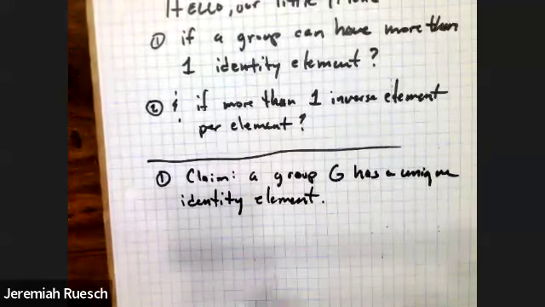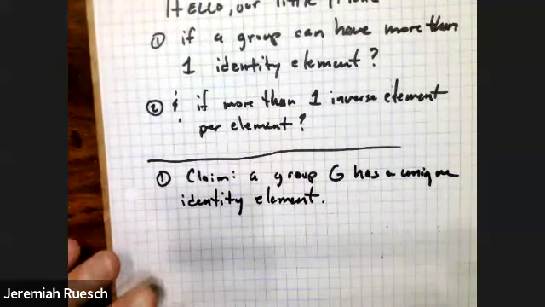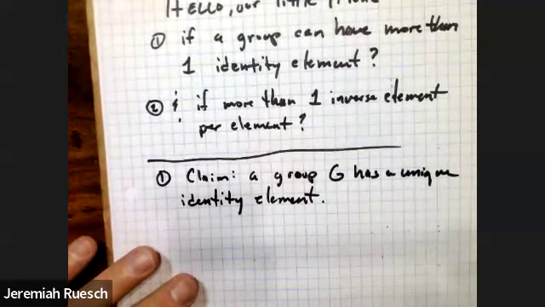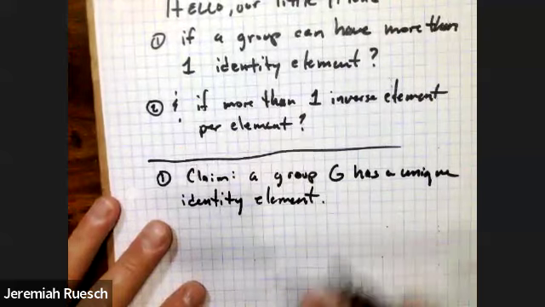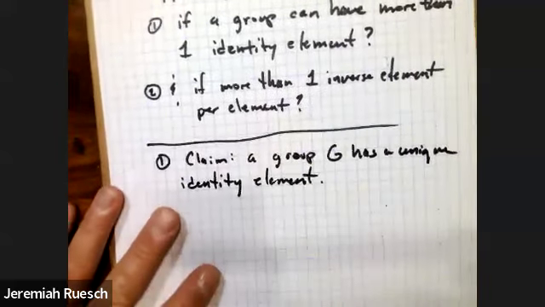Maybe I should say it has only a unique identity element, but suffice to say that what I'm referring to is that a group G only has one identity element.